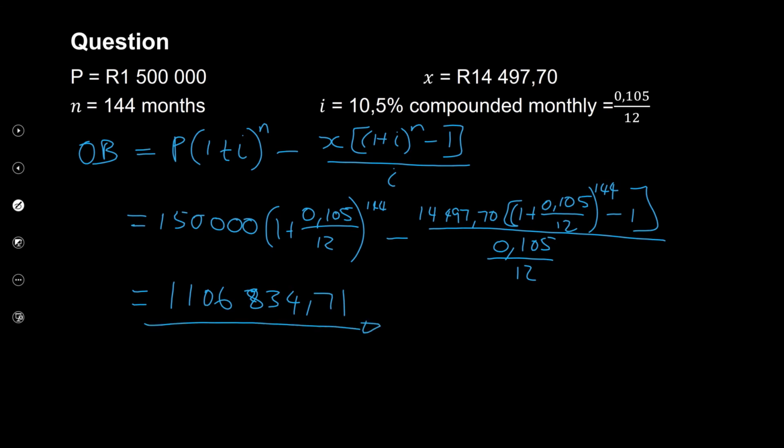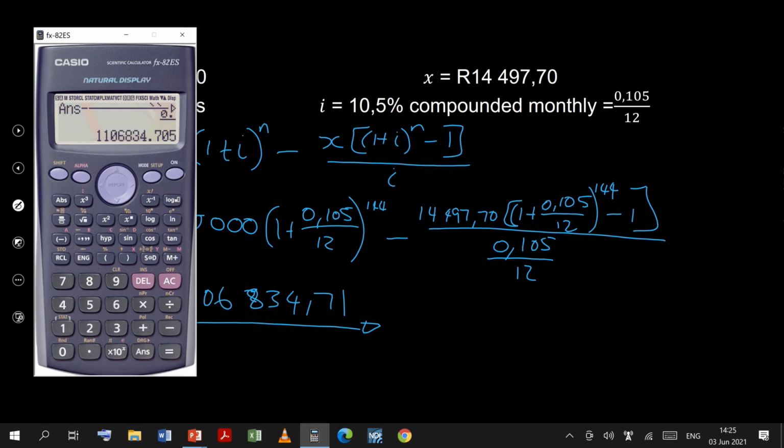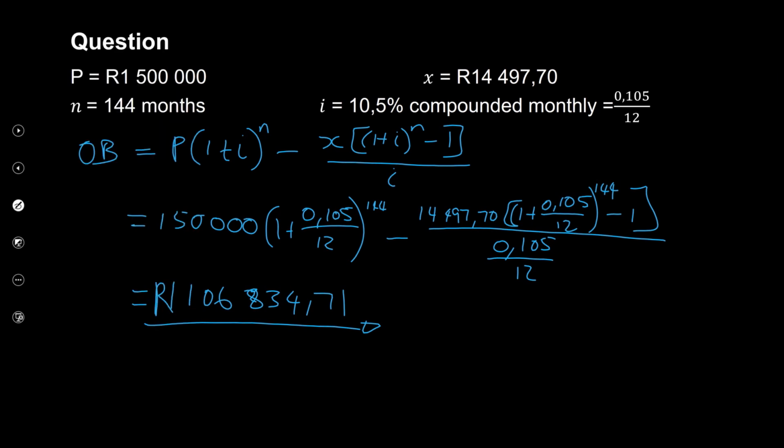So this will be the outstanding balance that will be remaining. So quickly, let's just verify what's happening here. 144 months is the same as 12 years. So for 8 more years, this is going to be calculated on an interest of the same 10.5% that they will still need to pay. So you can see that it's a bittersweet moment, but at that time it will be for a good cause.